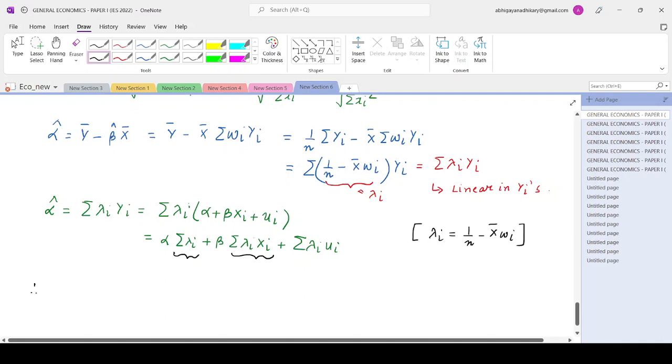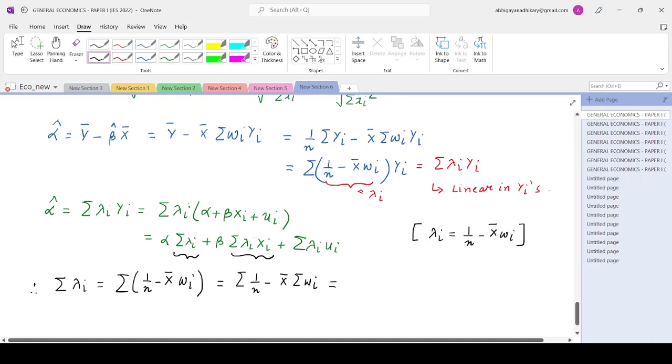So therefore, summation lambda i, what will that be? It will basically be summation of 1 by n minus x bar wi, correct? So that is summation 1 by n minus x bar summation wi, correct?